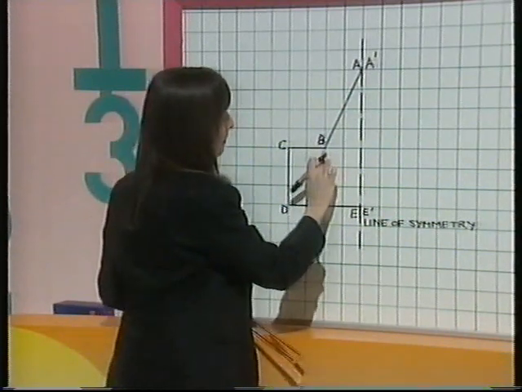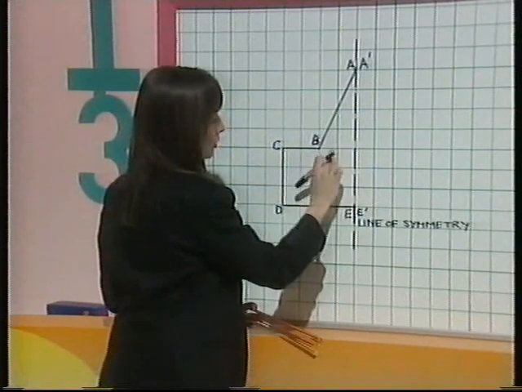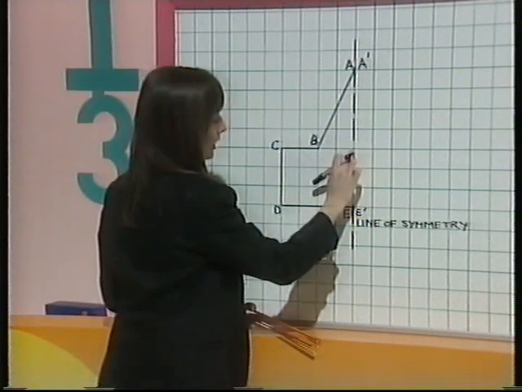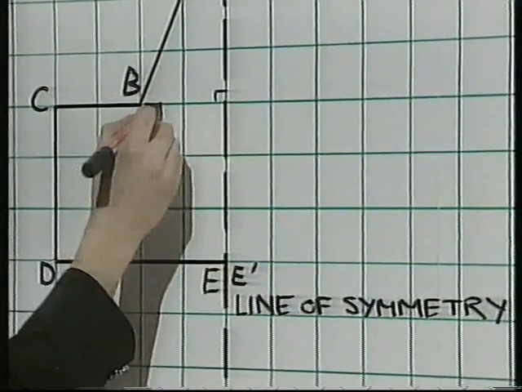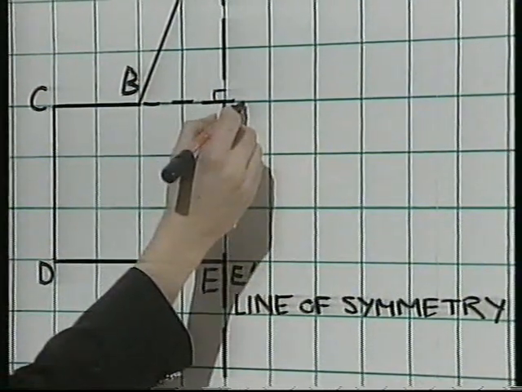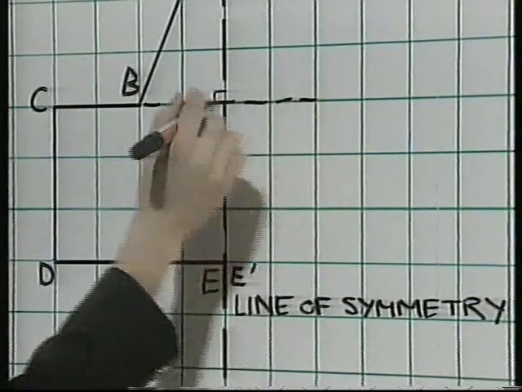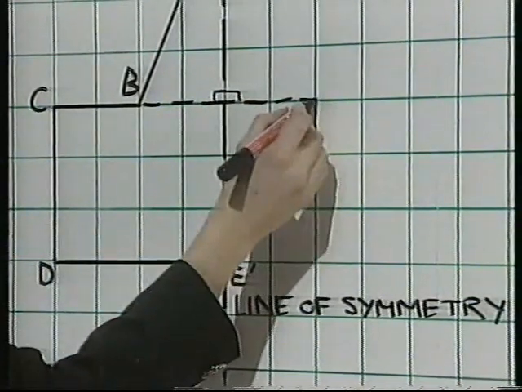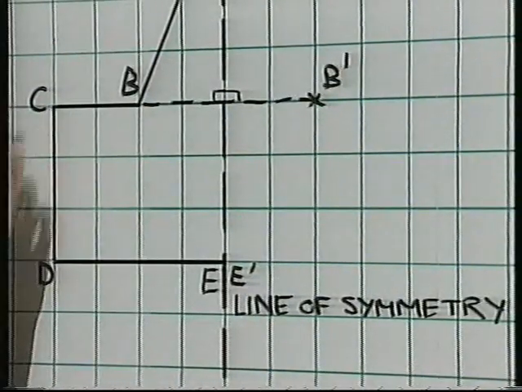Well, you measure out how far B is from the line of symmetry. This is 2 blocks. And then, as long as this line makes 90 degrees with the line of symmetry, you draw it out and make another 2 blocks this side, and that gives you the position of B on the image. You do the same for C.